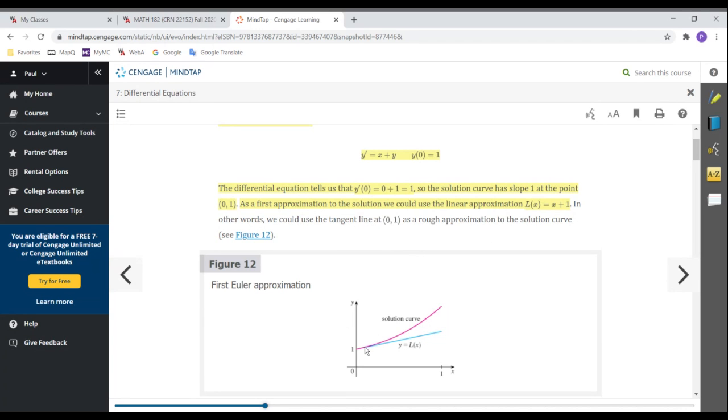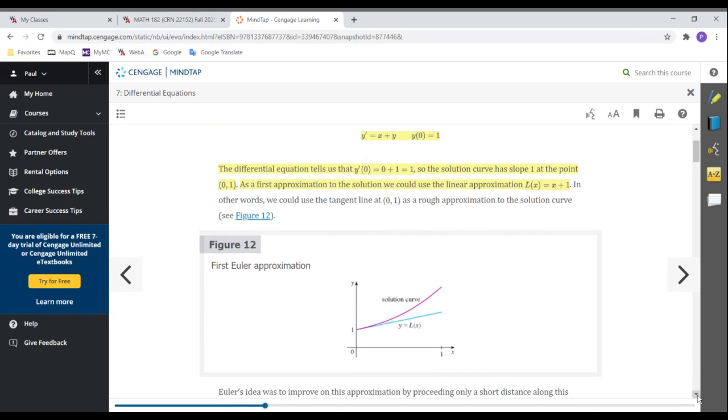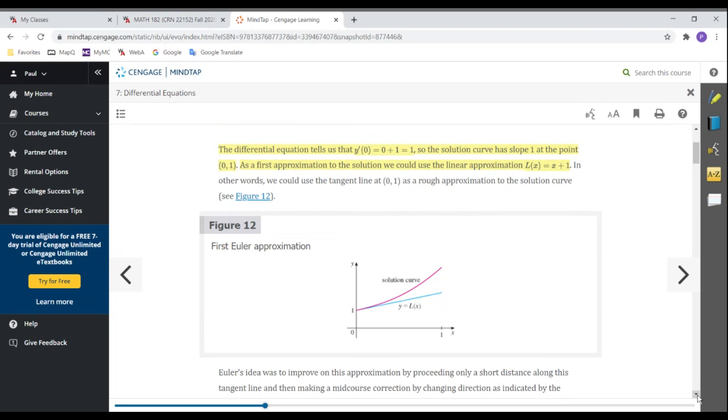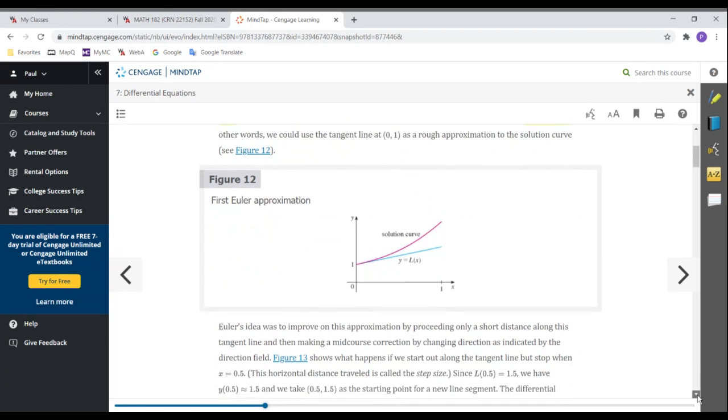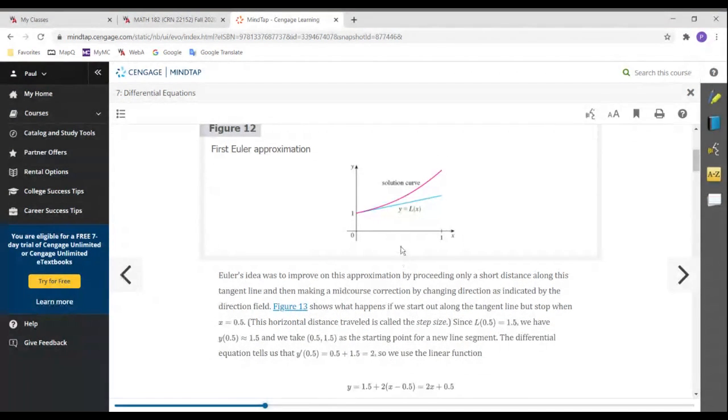What they've drawn in figure 12 is the solution curve with this linear approximation, L of x. You might want to estimate the solution curve when x is equal to a half.